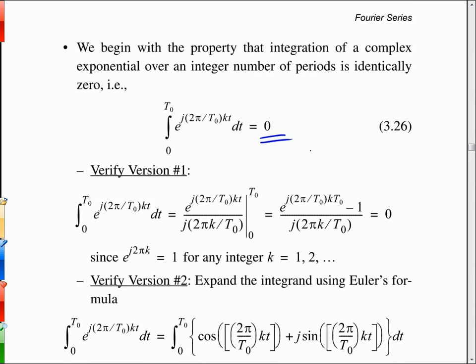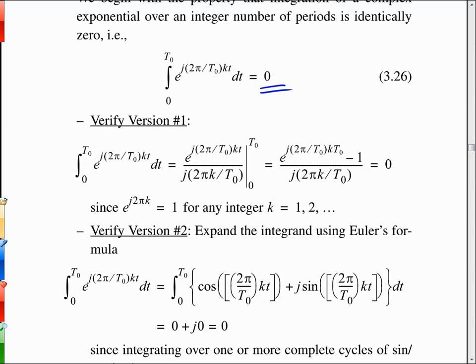Well, the first thing we could do is pure brute force. And that's number 1. So pure brute force is just to use what you know about the antiderivative of e to the x. So if you want to integrate e to the x, you have to divide by the exponent, right?